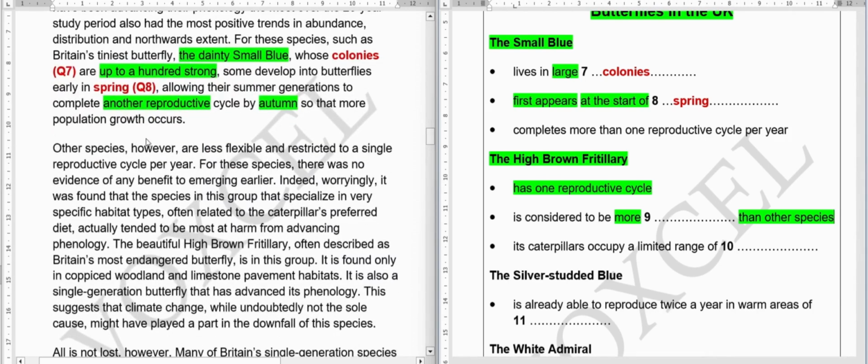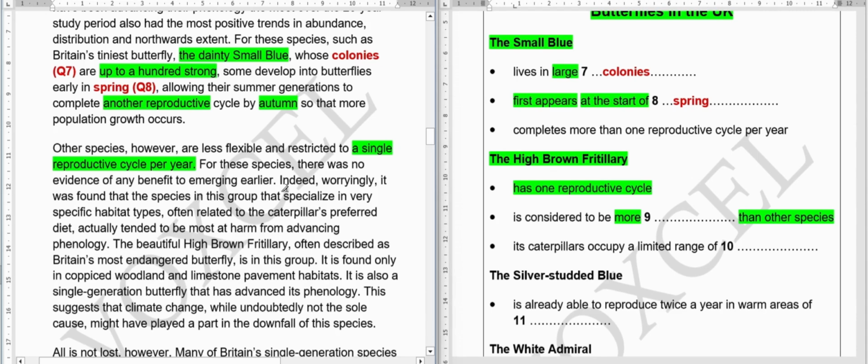Other species, however, are less flexible and restricted to a single reproductive cycle per year. So they are saying that other species reproduce once a year. For these species, there was no evidence of any benefit to emerging earlier.